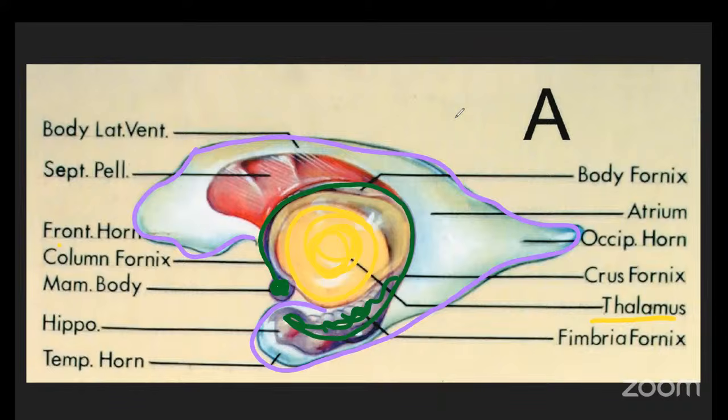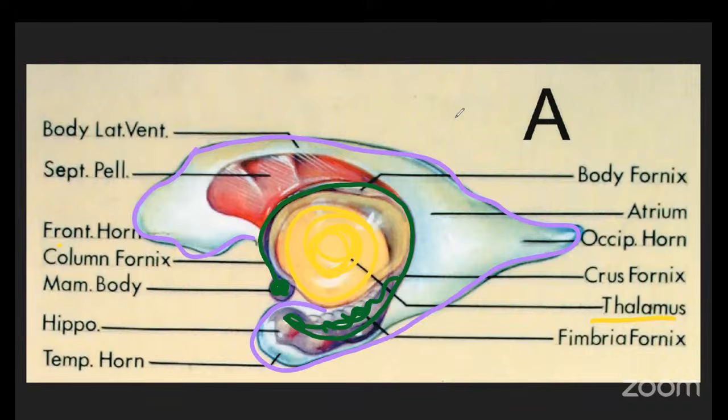Then there are two other structures, especially one which is very close to the thalamus. Can somebody mention it? It's not in this picture. There's another structure that goes around here. Anybody remembers it? The caudate nucleus. That's right. We have the caudate nucleus, which would be coming in the slides later on. And there's a structure which goes above all of it.